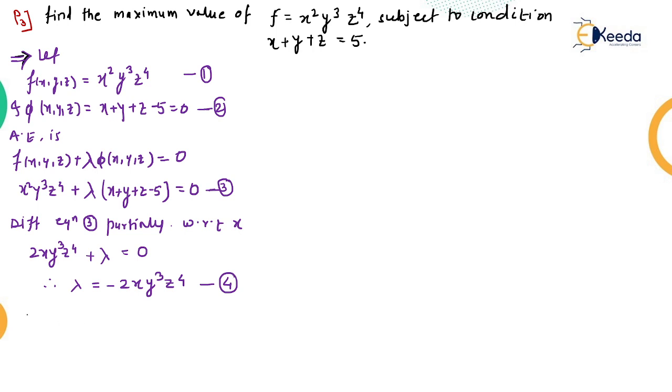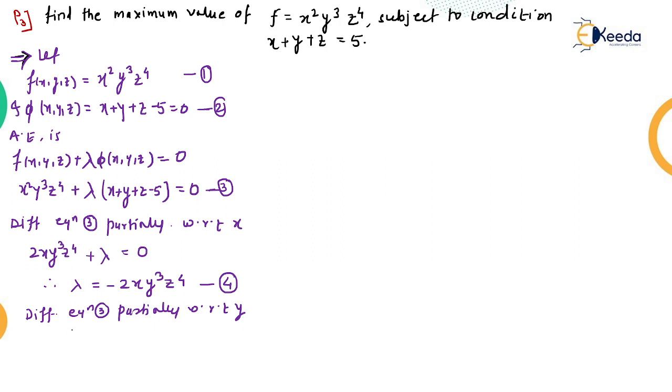Also, again differentiate equation 3 partially with respect to y, the second variable. Now you have to find the differentiation with respect to y.